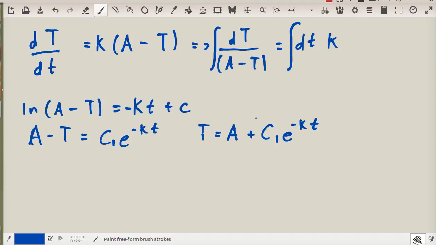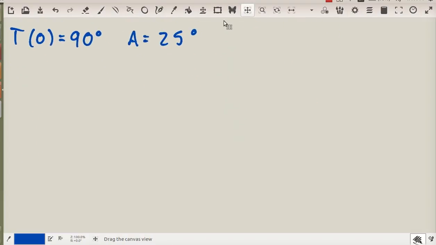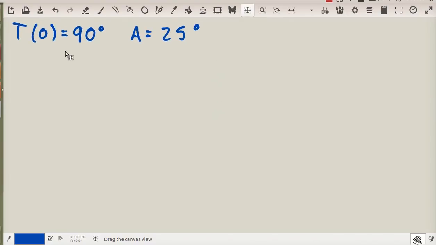So we're going to solve for our initial conditions. In the description, I put a link to the question so that you can have that open while you're following along. So first thing we're going to do is solve our initial condition. So T at 0 is equal to 90 degrees. And we also know that our ambient temperature is equal to 25 degrees. If you'll bear with me for a moment, I'm just going to slide this up so you can see a little better.